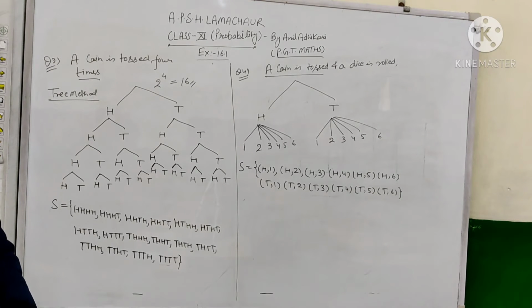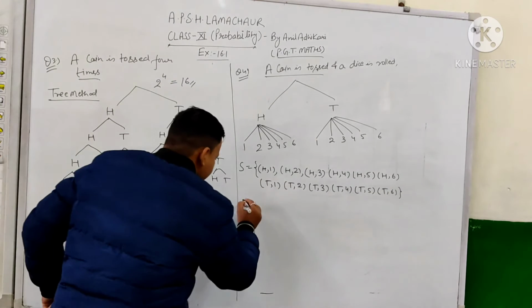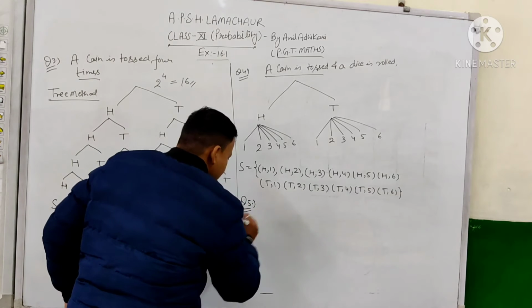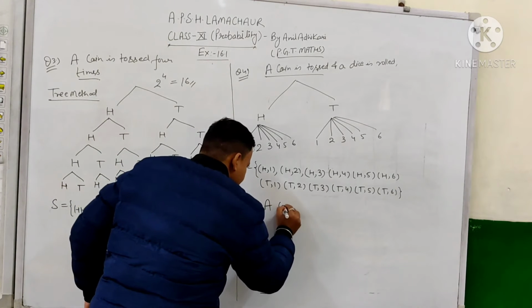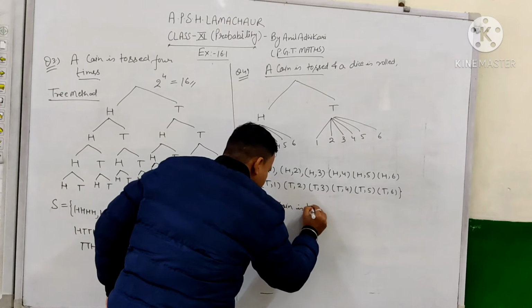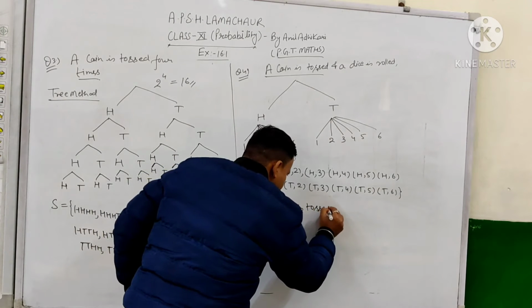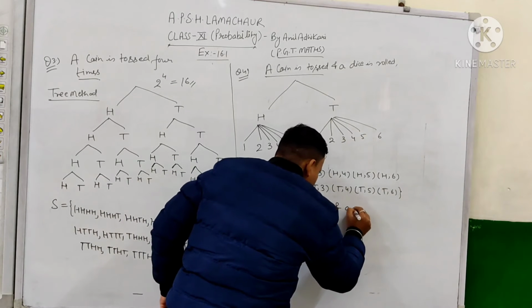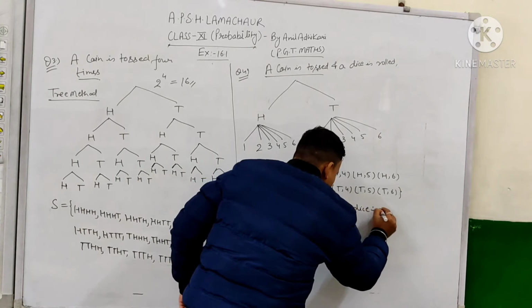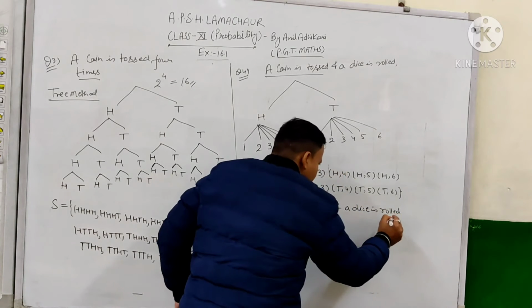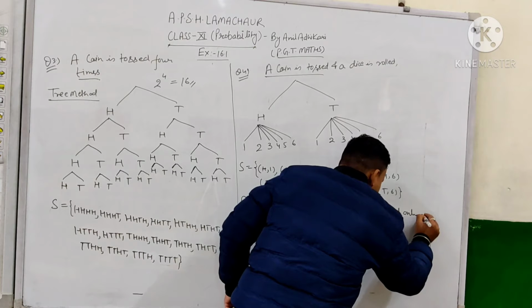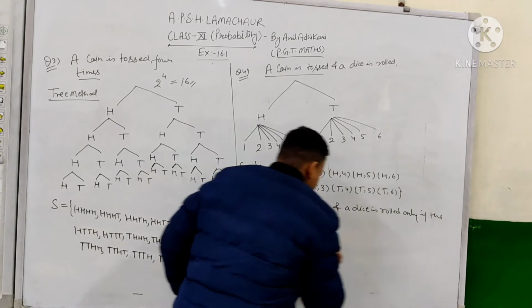Now question number 5th, a coin is tossed and then a dice is rolled only in case a head is shown on the coin. Now in question number 5, we have given a condition: a coin is tossed, and a dice is rolled only if the coin shows a head.